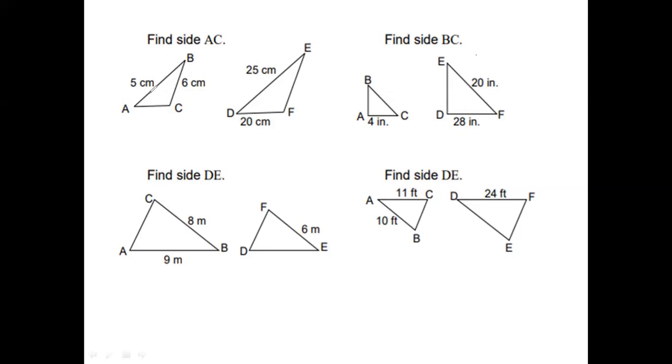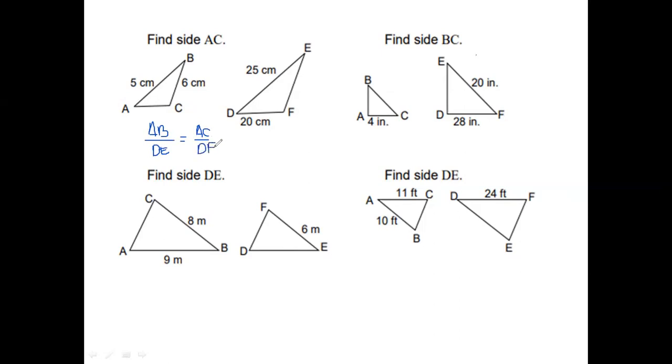So for this one, we have the AB side. The side that is similar to it is DE. So the ratio AB over DE should be equal to the side AC that we are looking for over DF, because AC is similar to DF.